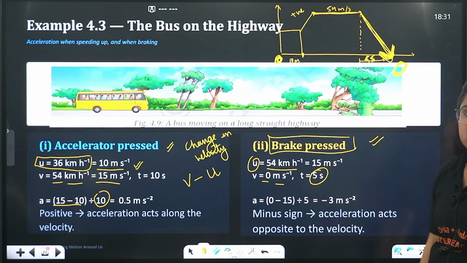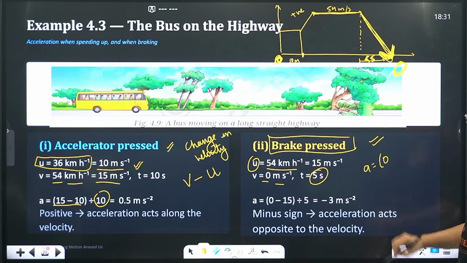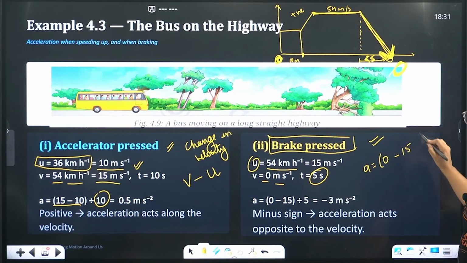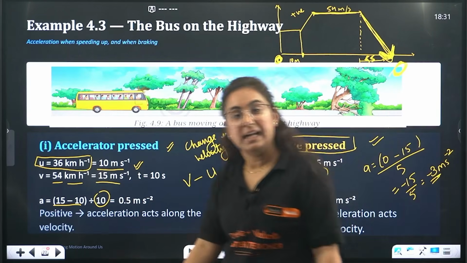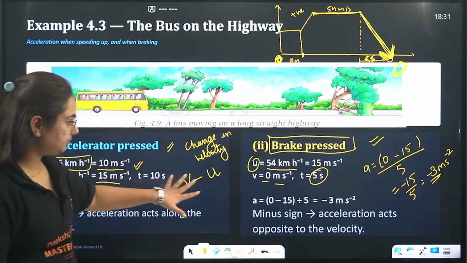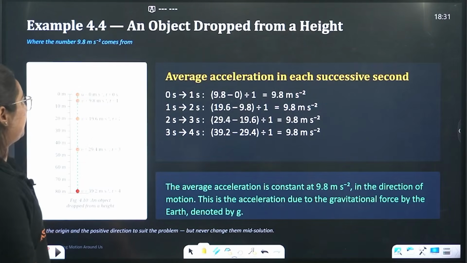So a equals acceleration equals final velocity 0 minus initial velocity 15 upon time. 0 minus 15, minus 15 upon 5, and hence the acceleration will be negative. Acceleration can be negative here.